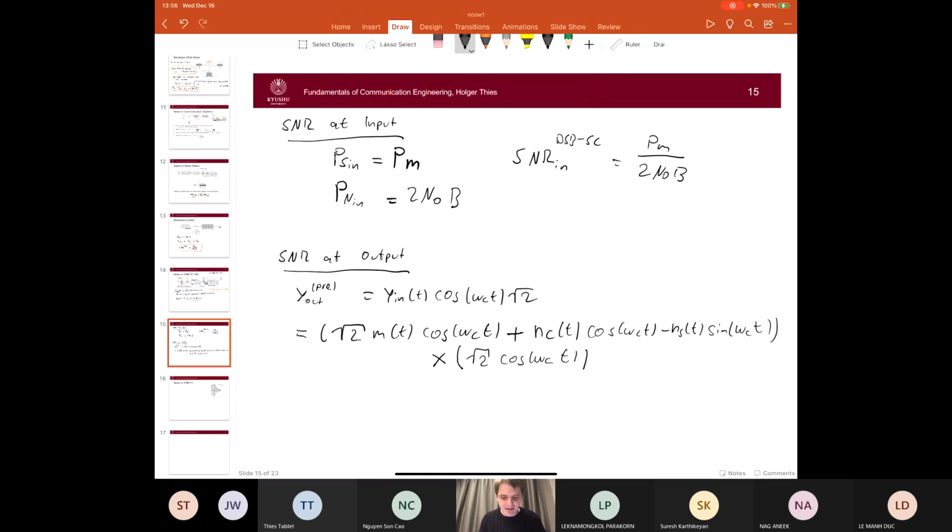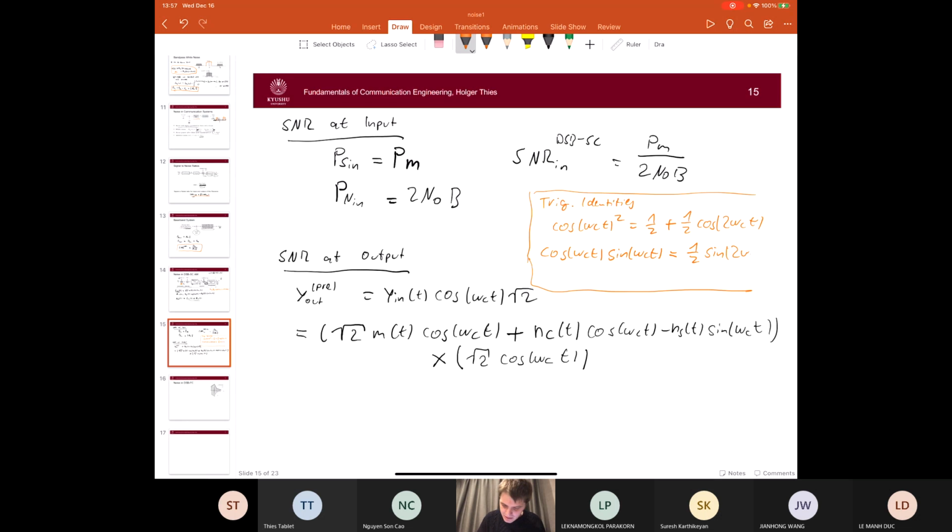So instead of calculating all this, let me just remind you of some trigonometric identities that we can use for simplifying this. We will use that cosine squared omega ct is the same as 1/2 plus 1/2 cosine 2 omega ct, and cosine omega ct times sine omega ct is the same as 1/2 sine 2 omega ct, right?